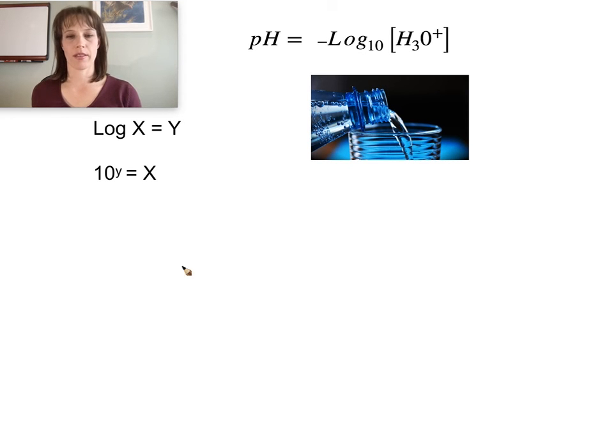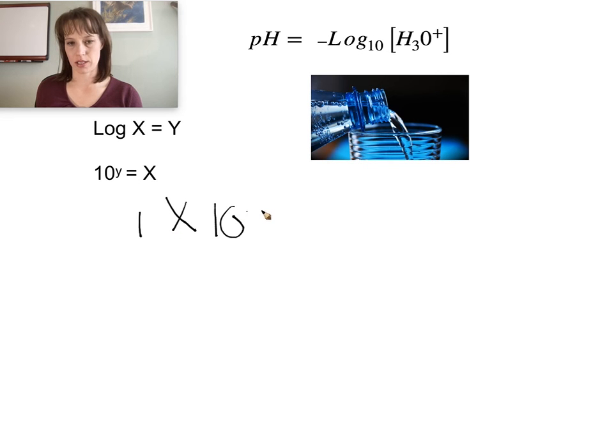So let's talk about then how we come up with the pH of water of 7. Because the hydronium concentration is 1 times 10 to the negative 7th molar, because there's only 1 molecule in 10 million that break off.